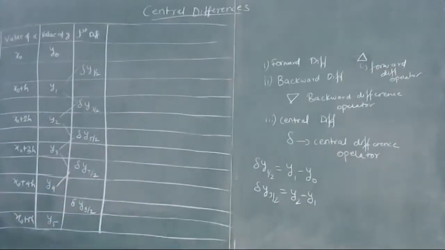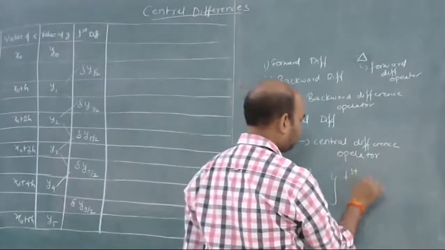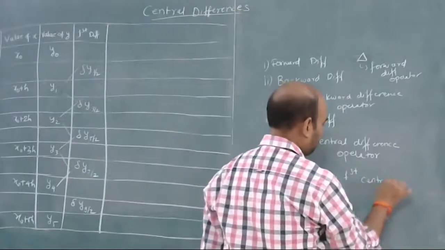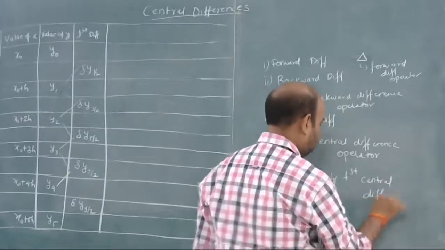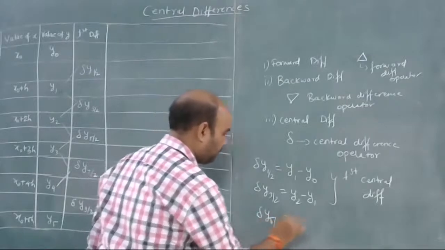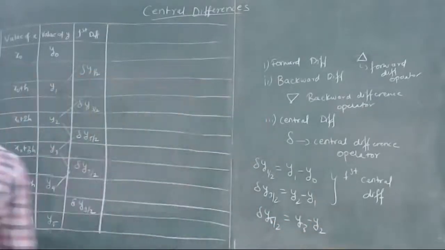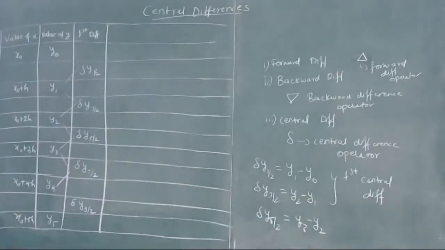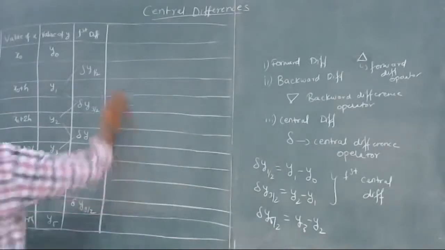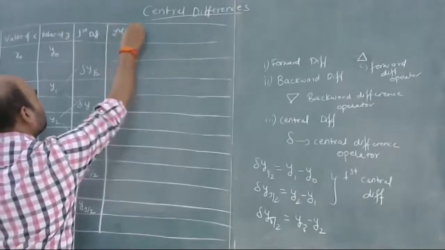This is the first central difference. Now we will go to the second difference.